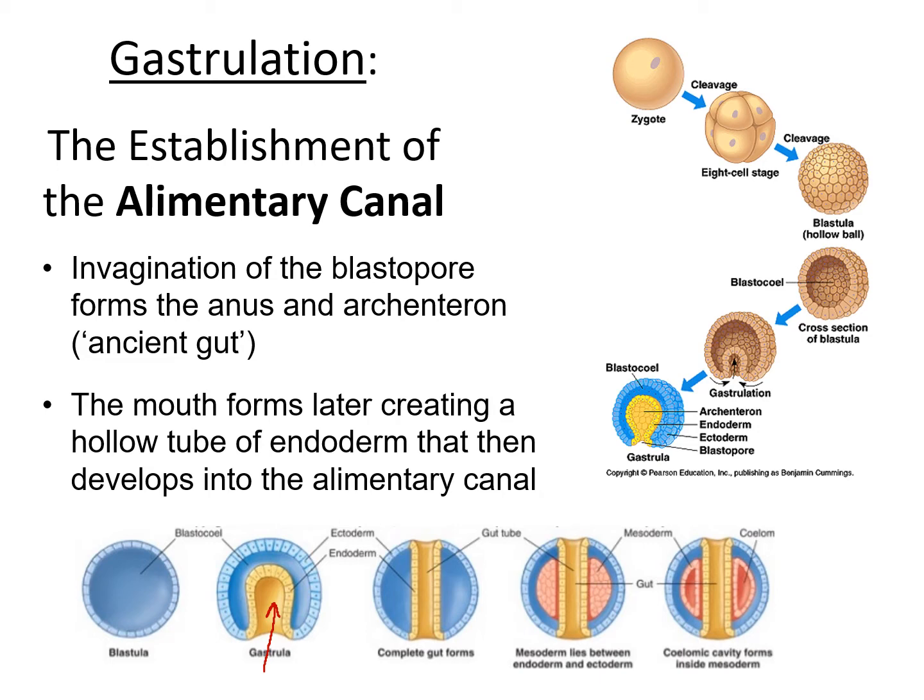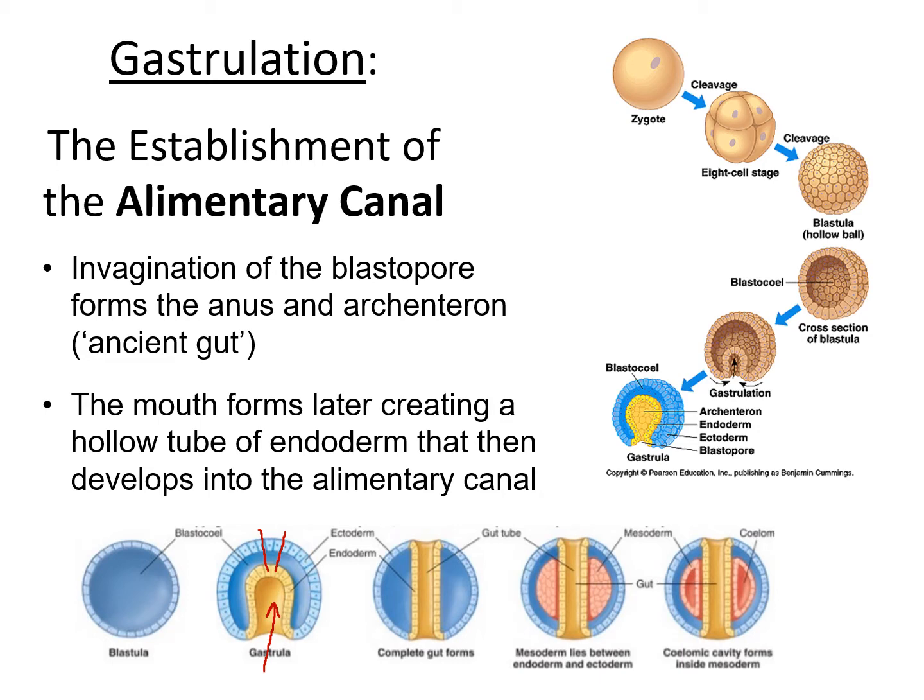So at this point, the gastrula consists of this ball of cells with one opening, and that opening is known as the blastopore. A second opening forms. So what's going to happen is we're going to have an opening forming here as well, which you can see in the next diagram. So now we have this tube within this sphere.